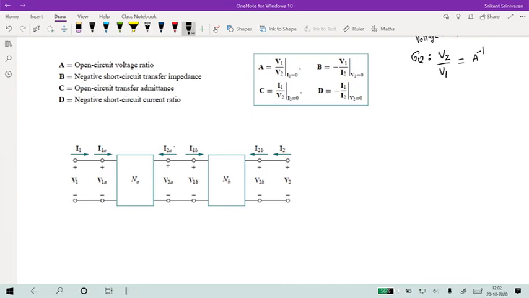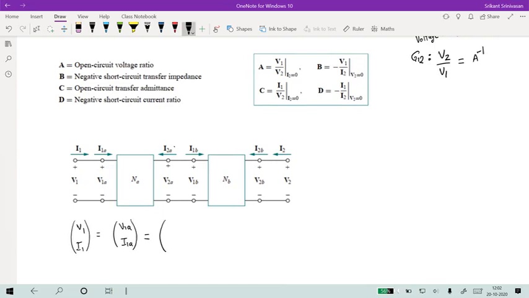So if I had to write down the two port parameters, then I could say that V1, I1 is equal to V1A, I1A.